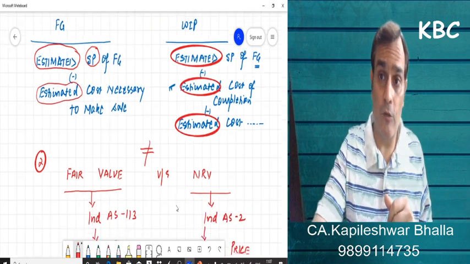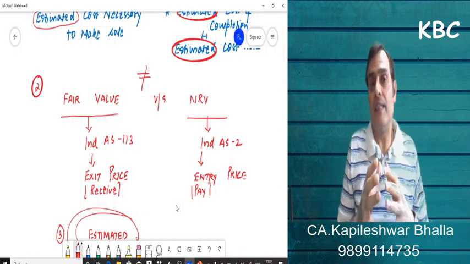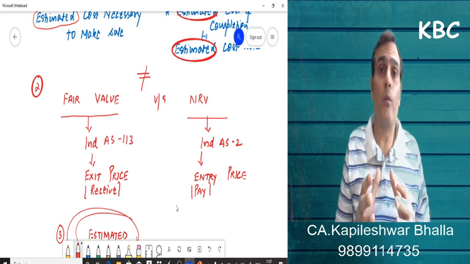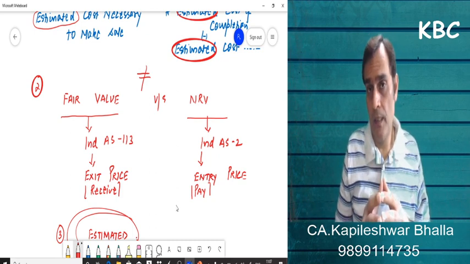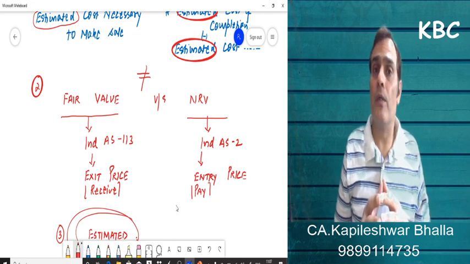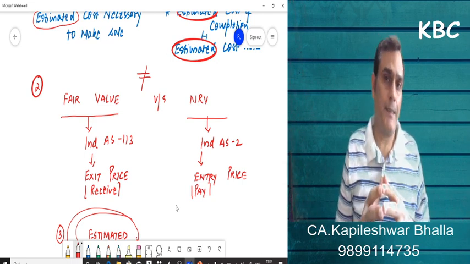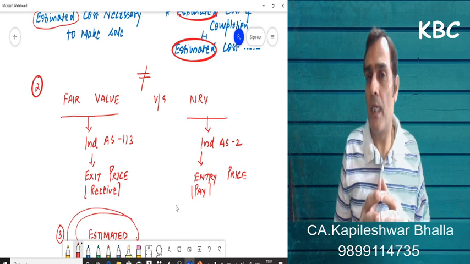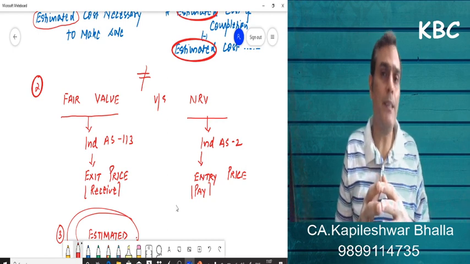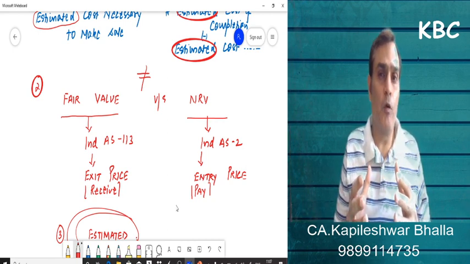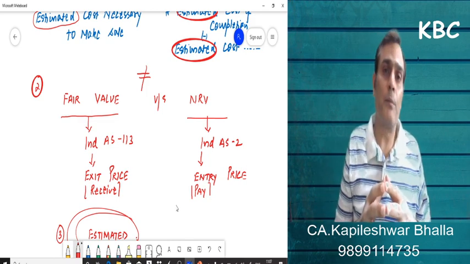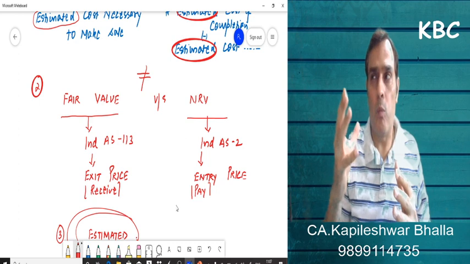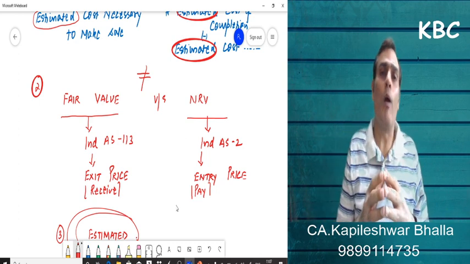Second, as a matter of clarification, we've clarified that the concepts of fair value and NRV are two different concepts altogether. We said the fair value is based on the concept of an exit price, and the concept of NRV is based on an entry price. The exit price focuses on what I will receive to sell, and the entry price focuses on what I will pay to acquire an asset.